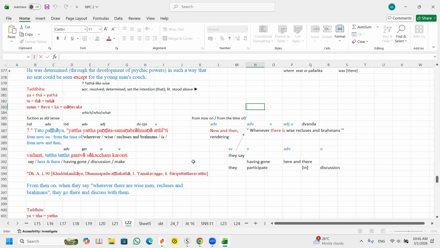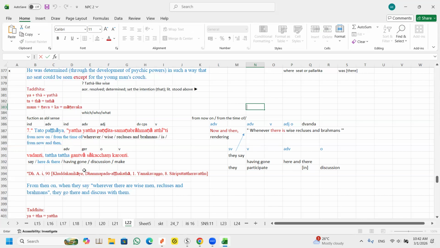Then, "they say, whenever there is a wise recluse and a Brahman." So you see the positioning, because this line is like that. This one we have to insert here. I did not put it in here because once I explain, you will understand the logic.